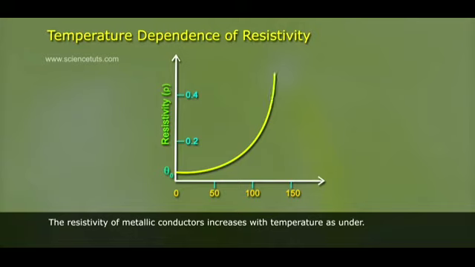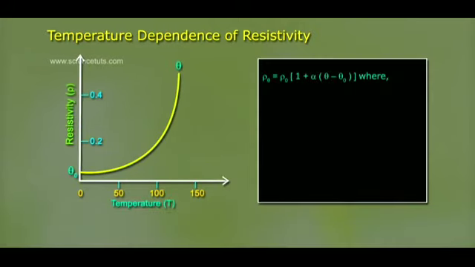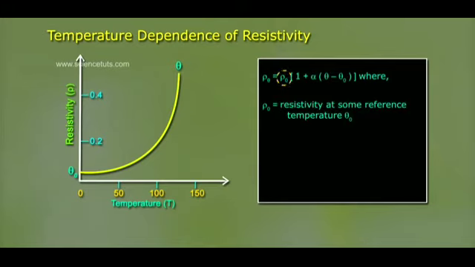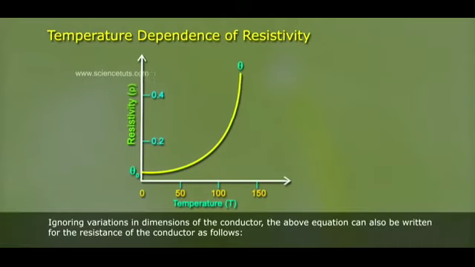Next topic, temperature dependence of resistivity. The resistivity of a material is dependent on temperature. It is experimentally found that for a wide range of temperature, the resistivity of a conductor increases with increase in temperature according to the expression. Here rho T is the resistivity of a conductor at T degrees Celsius. Rho naught is the resistivity of the conductor at some reference temperature T naught.